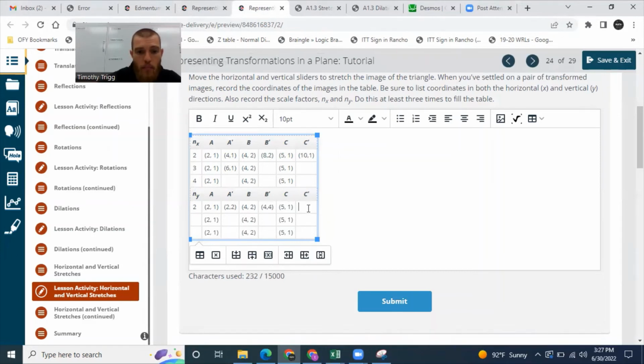And for C prime, this one will be at 5, 2. Okay. Change the vertical scale factor to 3, and then again to 4, and see if you notice a pattern here. I'll give you a hint. This one should be 2, 3.